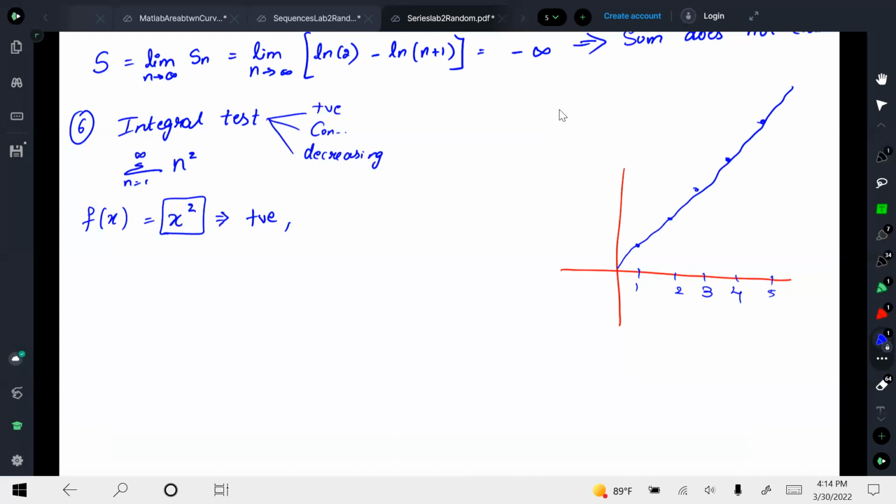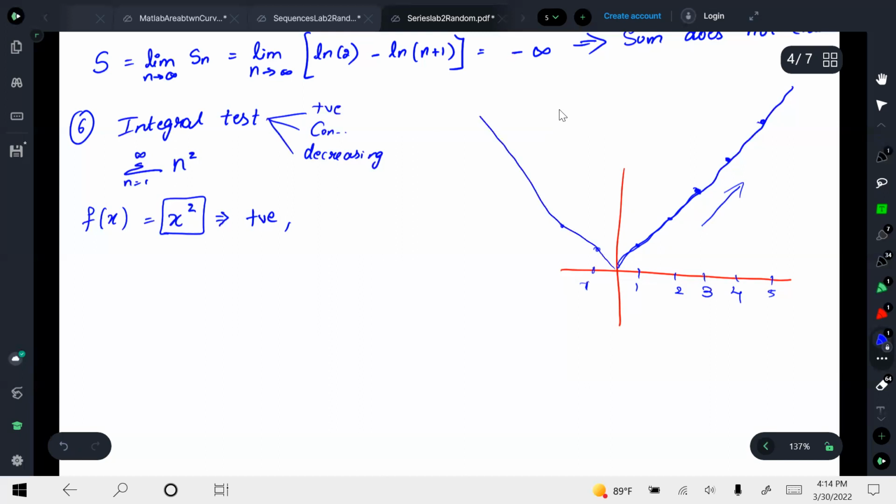Now, the problem here is the function is increasing. Even if I choose -1, it is 1, and -2, it is 4, right? You get the same thing and it is increasing.